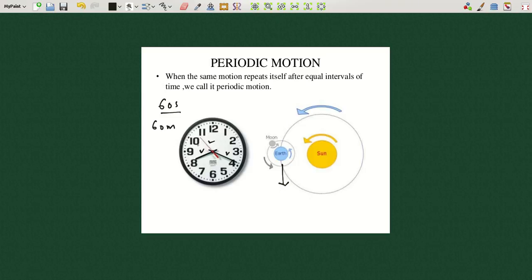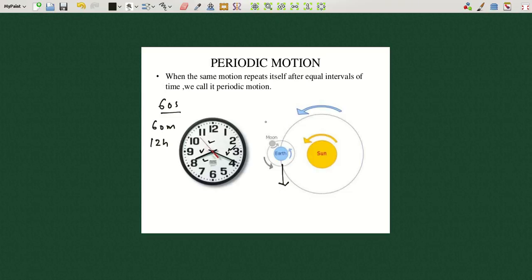The hour hand takes nearly 12 hours to complete one circular motion. So the second hand, minute hand and hour hand all take a particular time to complete one circular path. That's why their motion is also called periodic motion.